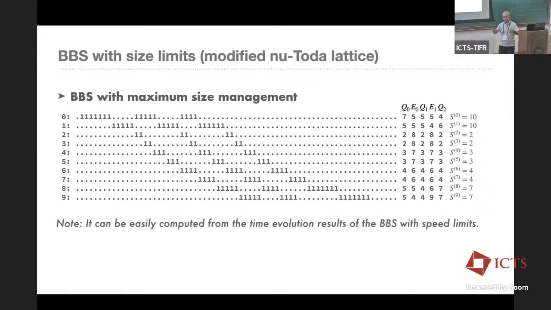Of course, in the original non-ultra-discrete Toda, if the information of the ball has been lost, then it's impossible to recover the original, or even time reversibility doesn't happen. But in our case, the modified ultra-discrete Toda, it is possible to choose S freely and it is also time reversible, even at this level.